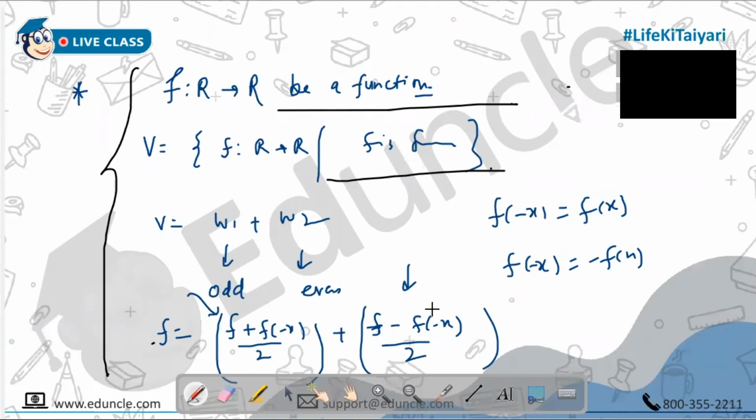Hello sir. Sir, can we get a question like this: a basis is given for R² and R³, and we have to transform the basis of R³ into the basis of R²? You have been given a basis for R square and R cube. Yes, what is the problem? No problem.